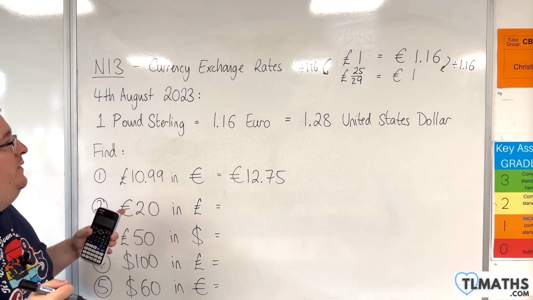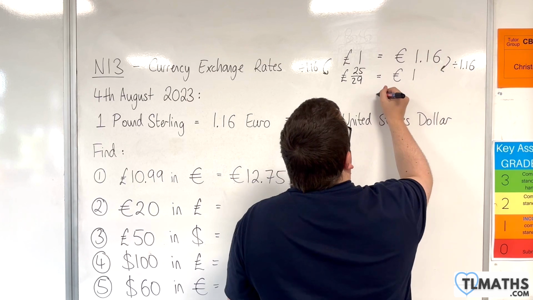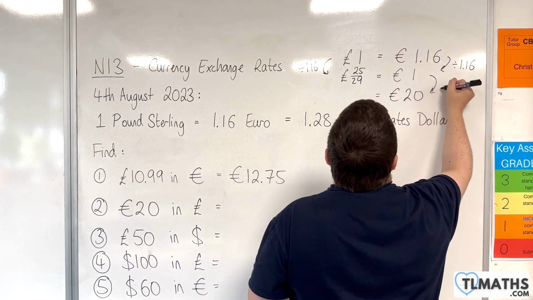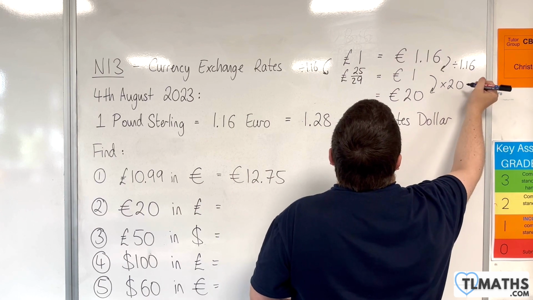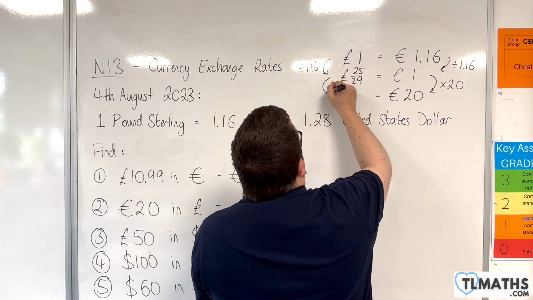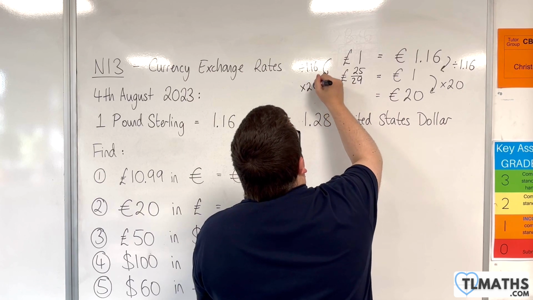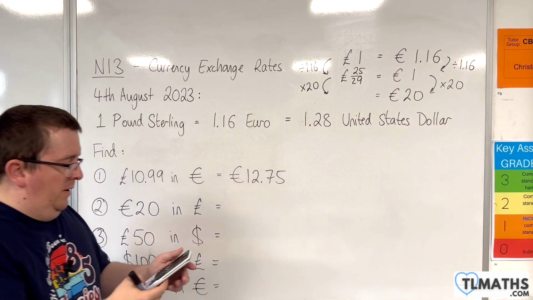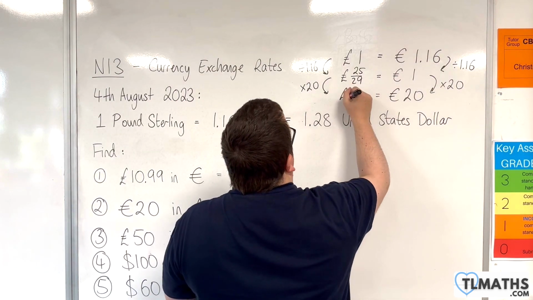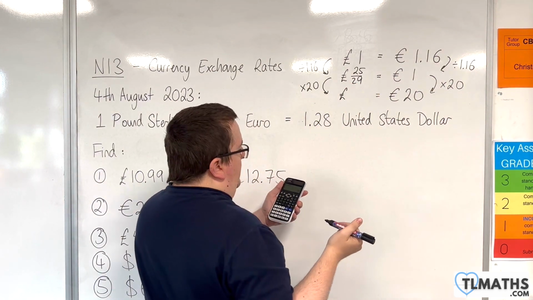But I want 20 euros. So I'm going to multiply the right-hand side by 20 to get from 1 to 20, so I must do the same to the left-hand side. I multiply my answer by 20 and I get 500 over 29.